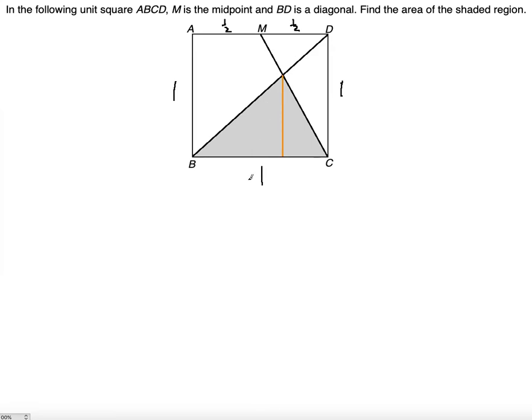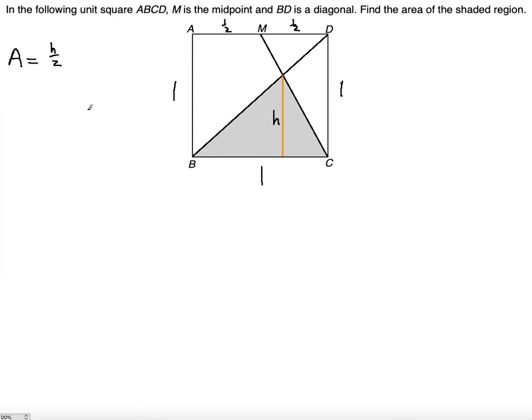So these two are similar. If we label this as H, the area of this shaded triangle will be 1 times H divided by 2, which is simply H over 2. So if we find H, we easily find the area.